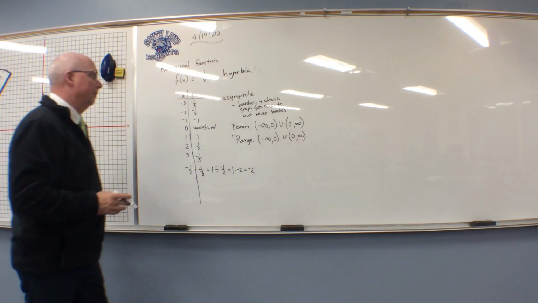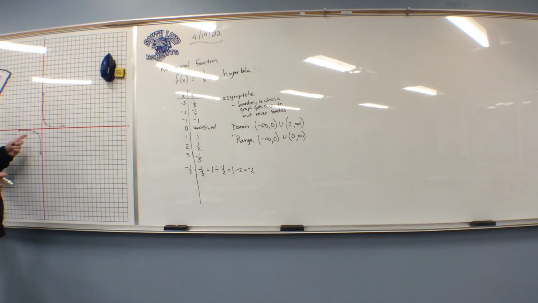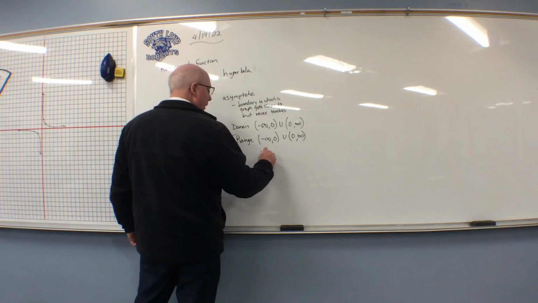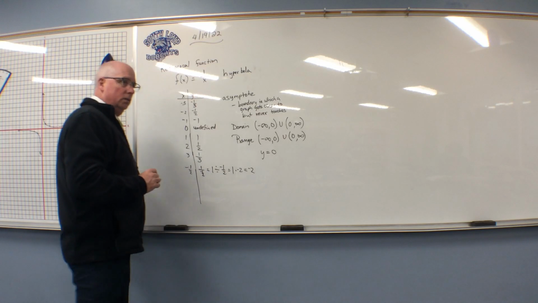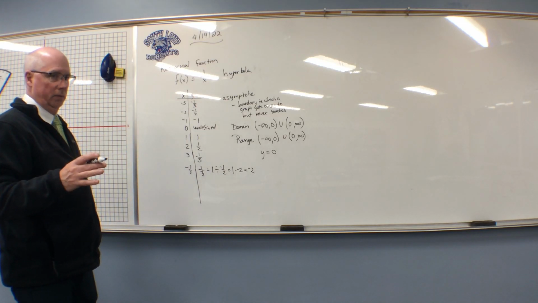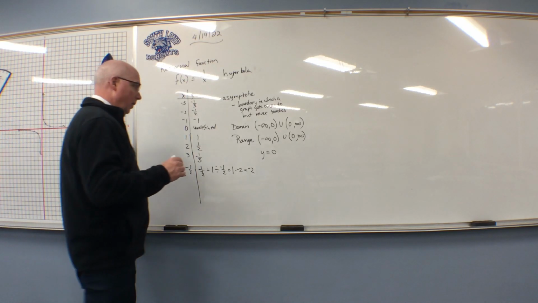Now here's the kicker. We have two lines that we get closer to but we never touch. This one and this one. This one is y equals 0. y equals 0 is an asymptote. Your book might have it as f of x equals 0. Remember, f of x is a fancy way of writing it.